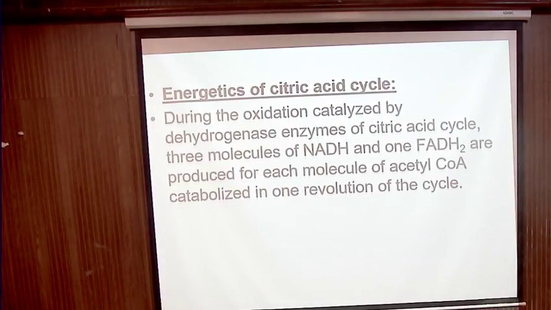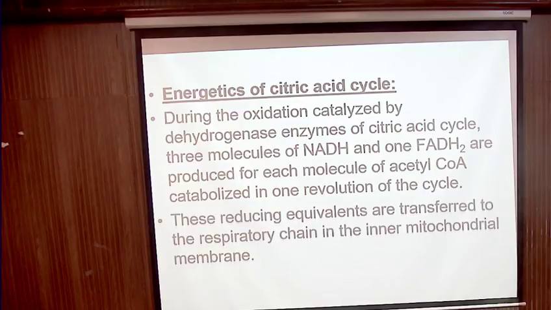Now, we then come to our energetics part. We already know we are producing 3 NADH, 1 FADH2, and 1 GTP. During the oxidation catalyzed by dehydrogenase enzymes of the citric acid cycle, 3 molecules of NADH and 1 FADH2 are produced for each molecule of acetyl-CoA catabolized in 1 revolution of the cycle.